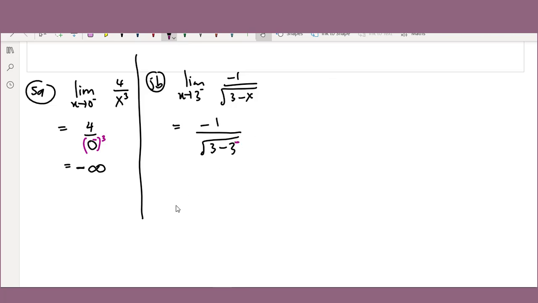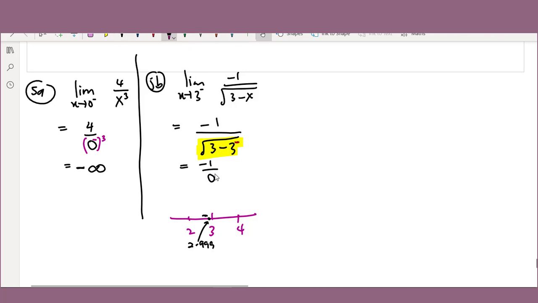If you draw a number line, from the left means at 2.99, almost 3 but not reaching 3. So 3 minus something, like 3 minus 2.99, gives a positive, right? So the inside is positive, which is defined, and it produces a positive value. So we have negative 1 over 0.